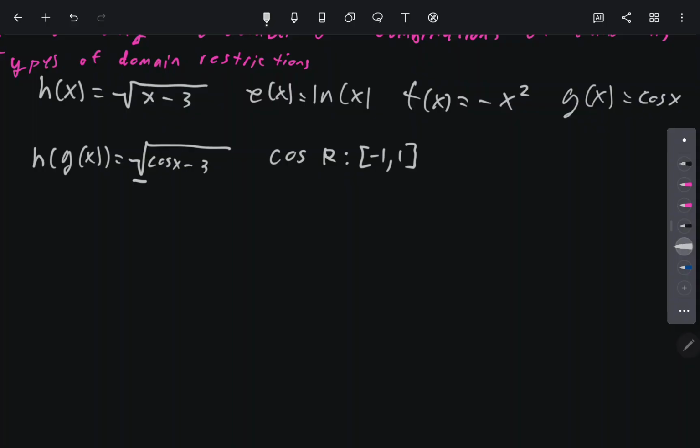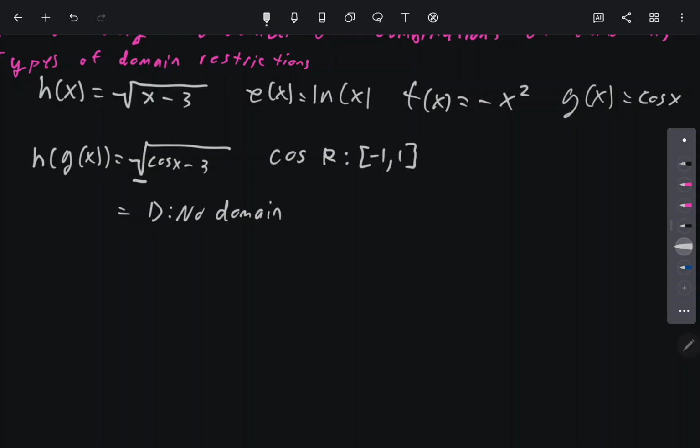This poses an issue because the max value this radical will take upon itself is going to be negative 2. So for this function, it has no domain. This composite function, no matter how you work it, will never have an output.